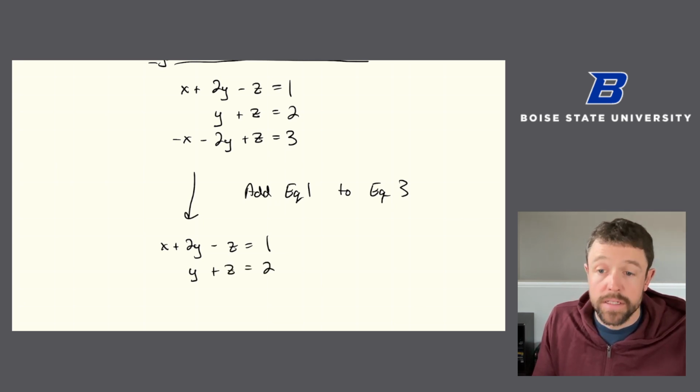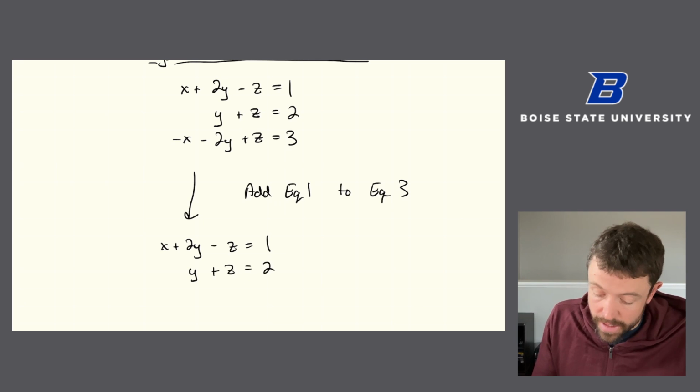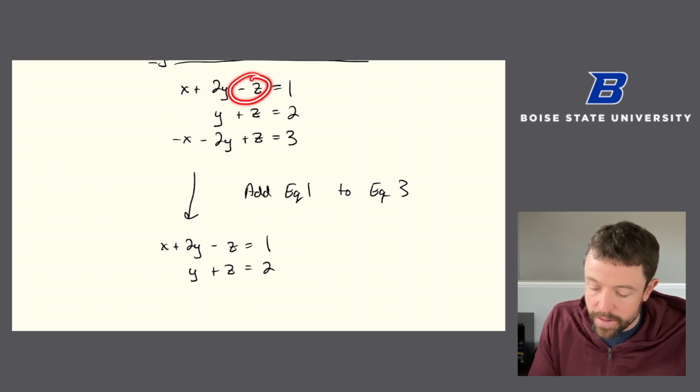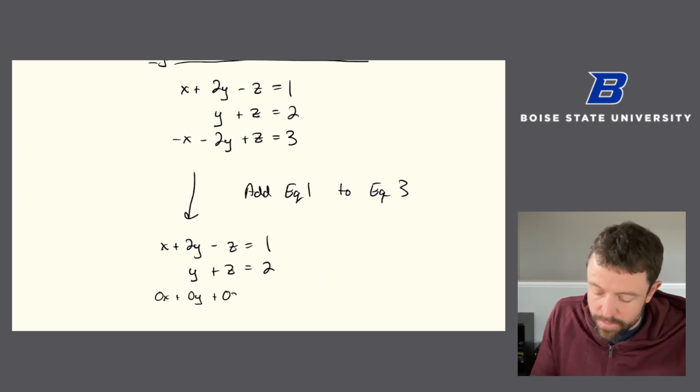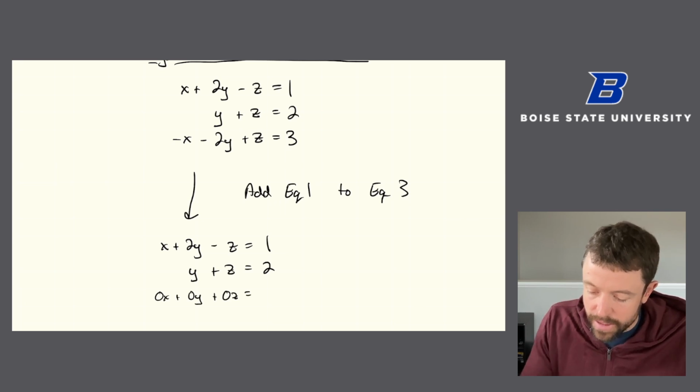Equation 2 is not even involved. And then what do I get for equation 3? Well, I get x plus negative x, 2y plus negative 2y, negative z plus z. These things all cancel. I get 0x plus 0y plus 0z equals, and then on the right-hand side, I get 4.